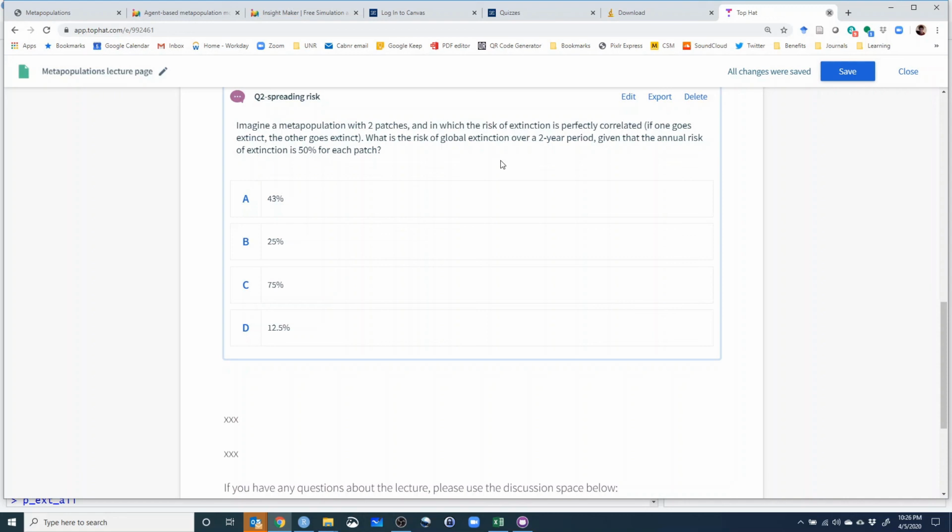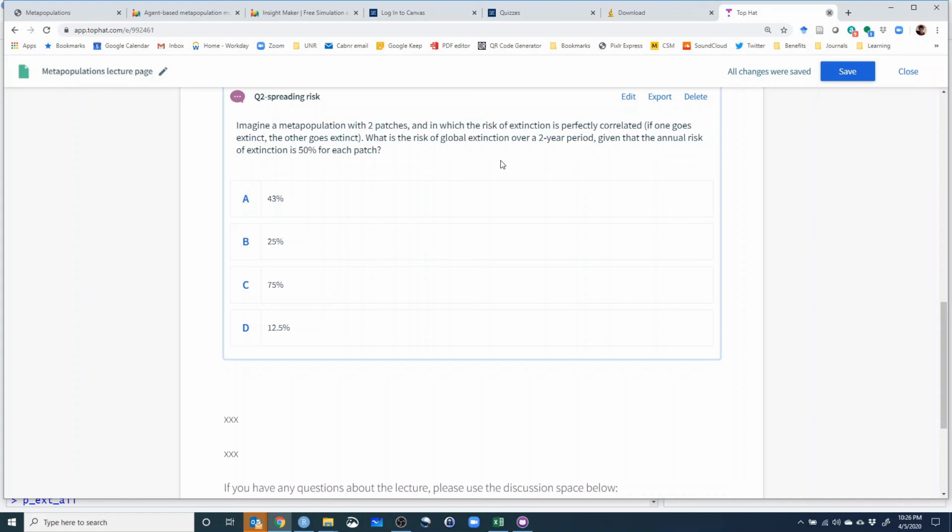So essentially, you flip a coin and decide whether both patches go extinct or whether both patches remain occupied, all right? And you do that for 2 years. So essentially, you flip 2 coins, all right? And what's the risk that the whole metapopulation will go extinct over a 2-year period, given that there's a 50% risk of extinction for both patches, all right?